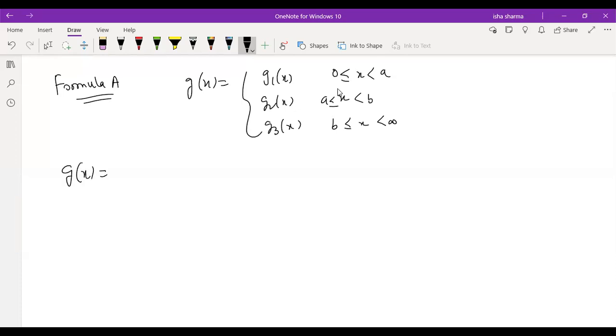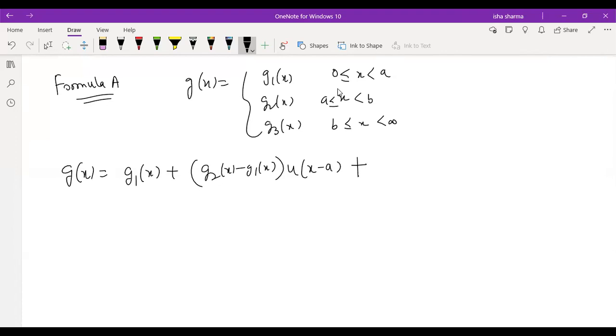In this case, we will be doing g1(x) plus (g2 minus g1) into unit step function u(x minus a). Now why is a here? Because when you are considering only g1 and g2, the common point, the point of discontinuity, is a. So the unit step function will be u of x minus a.